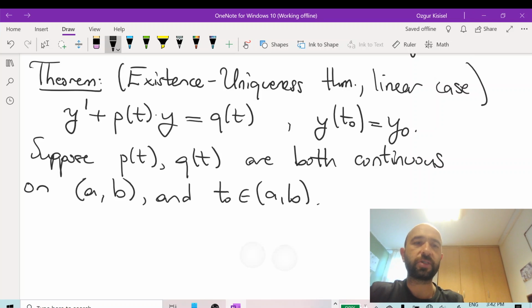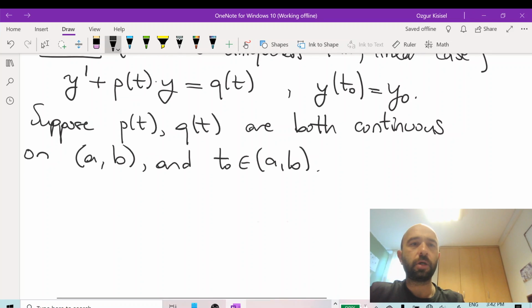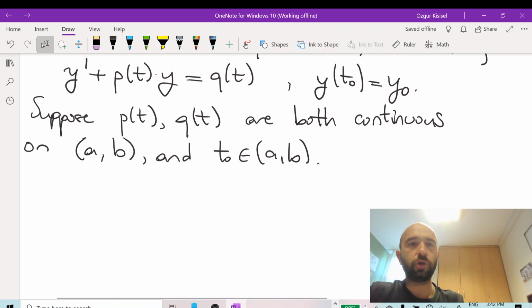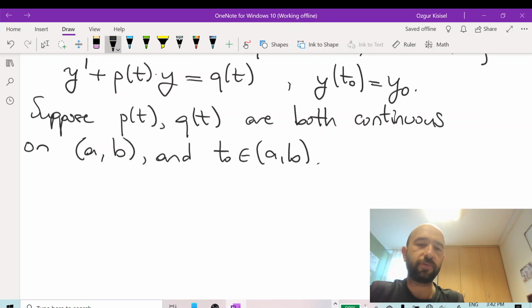Okay, these are our assumptions. Your coefficient functions p and q here are continuous on a certain open interval, and your initial value belongs to this open interval. There are some natural conditions. And the result is that this is enough, okay?